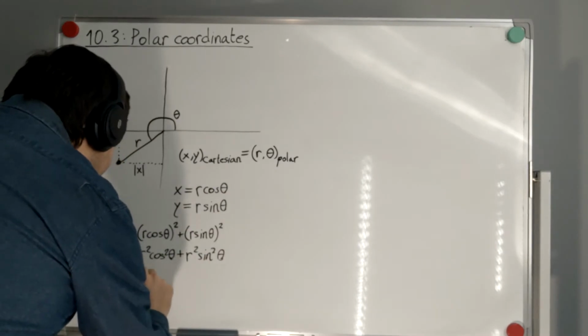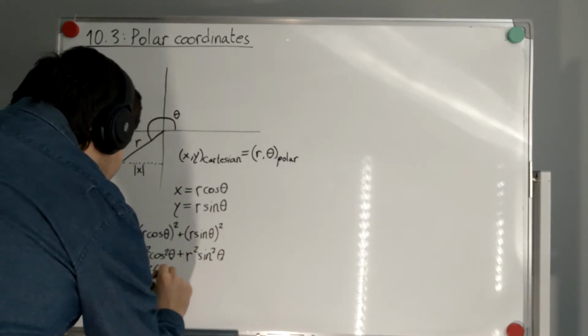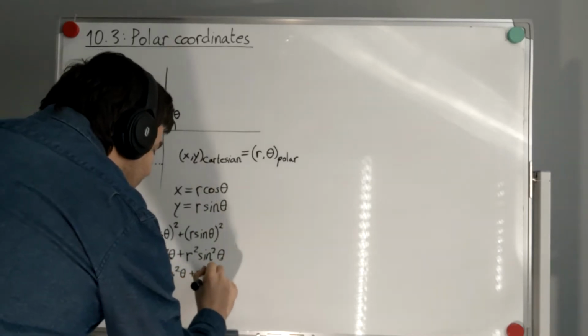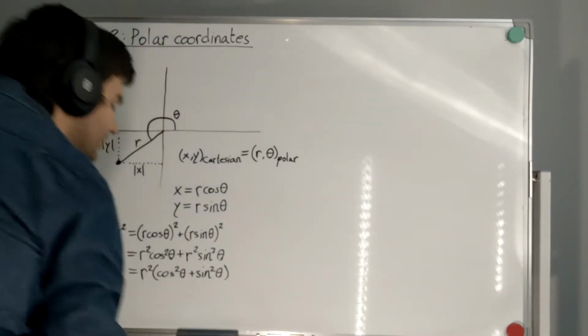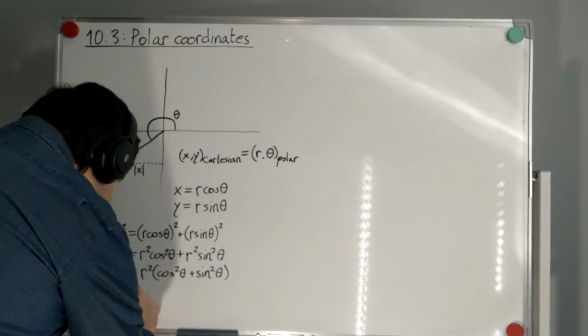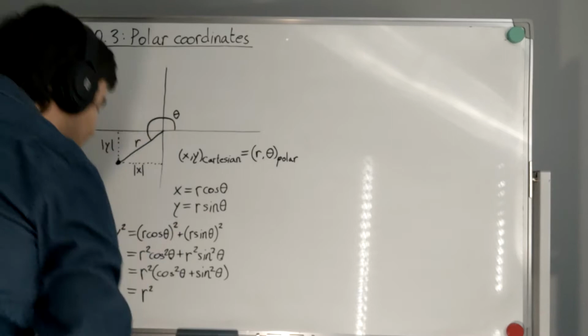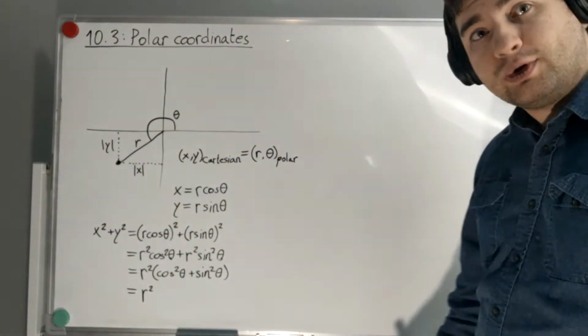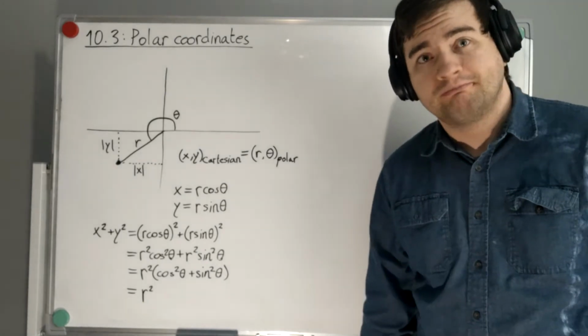Now we can factor out that r squared and get r squared times cosine squared theta plus sine squared theta. But of course, cosine squared theta plus sine squared theta is just 1. So this actually always turns out to just be r squared. So x squared plus y squared always equals r squared.